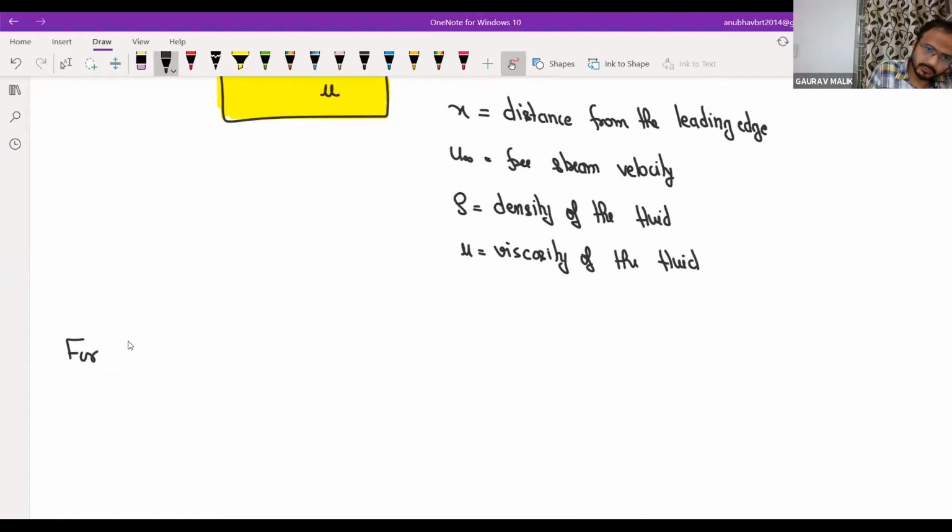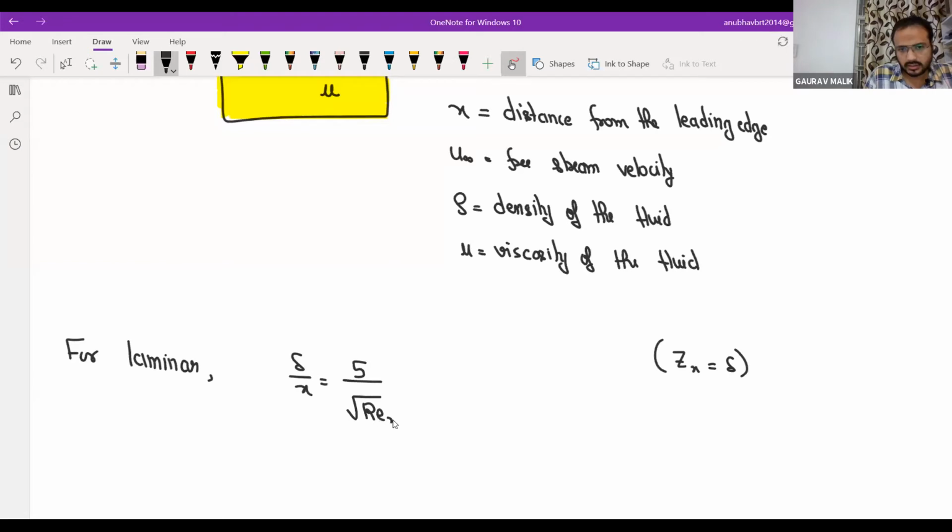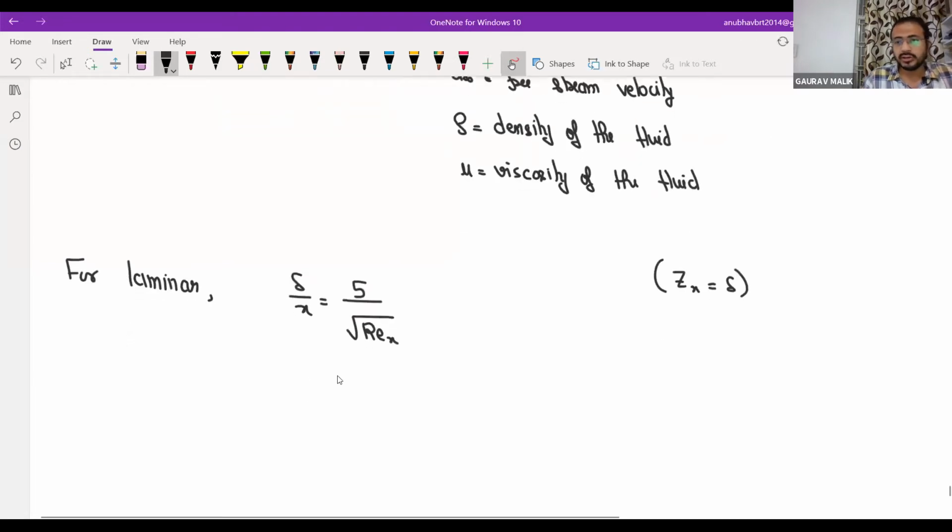For laminar flow, del by x is equal to, sometimes in some books you will get Zx is equal to del. The boundary layer thickness is represented by del, also Zx. Nearly 5 by root of Reynolds x. And if you solve it, you will get that del is directly proportional to x to the power 0.5.